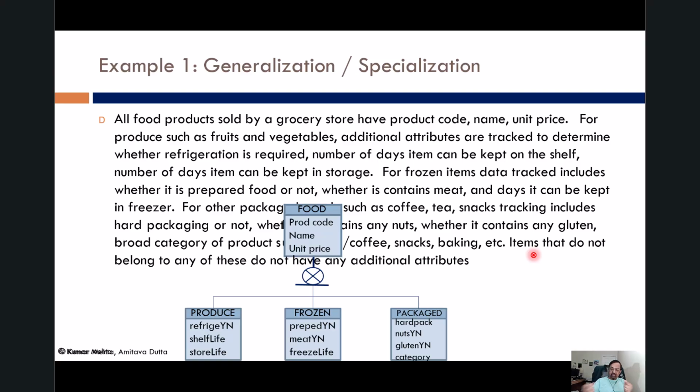Okay. So you can see that all food products have certain properties in common, and then some food products have properties that depend on the category that they're in. So let's see how, if you have this little narrative. This narrative that you see over here is an example of something that you might get in the description of the business application.